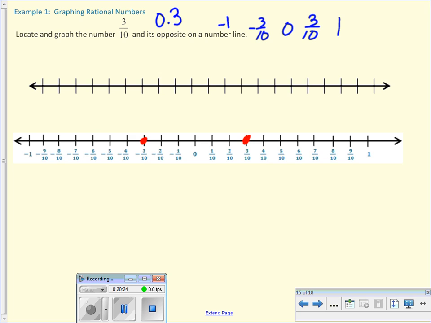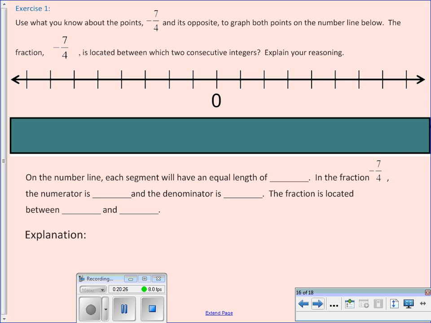Let's see if we can get one more done. So what do we know about negative 7/4? Negative 7/4 is what? Improper fraction.